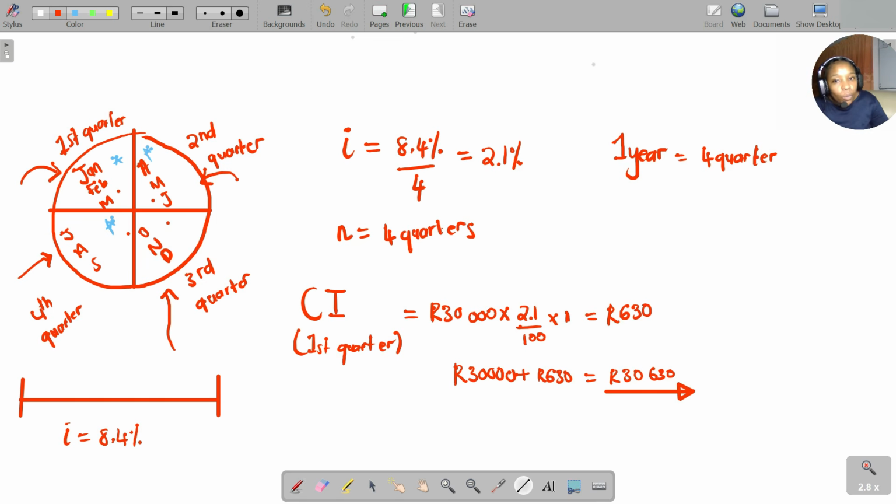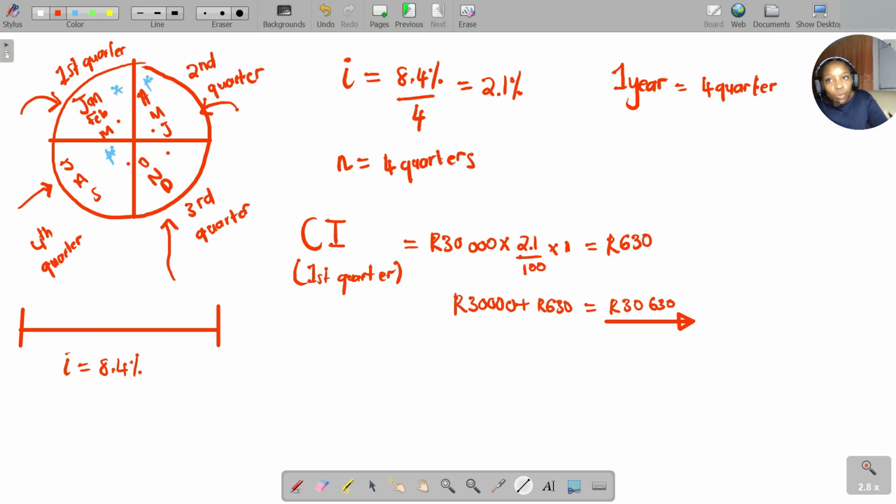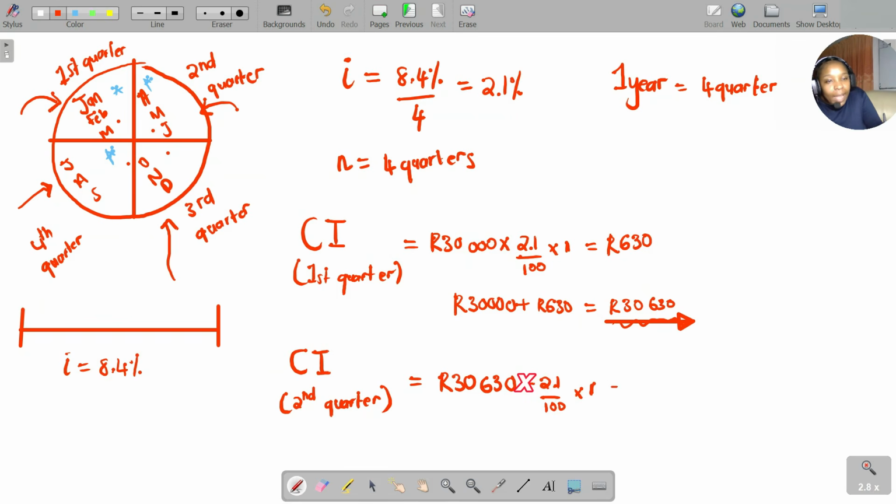We are not done. We need to basically calculate how much she will owe her parents in the third quarter. So we need to continue. What is the compound interest that will be added to her amount in the second quarter? Again, we're going to take this accumulated amount of 30,630 plus interest rate of 2.1 over 100 multiplied by 1.